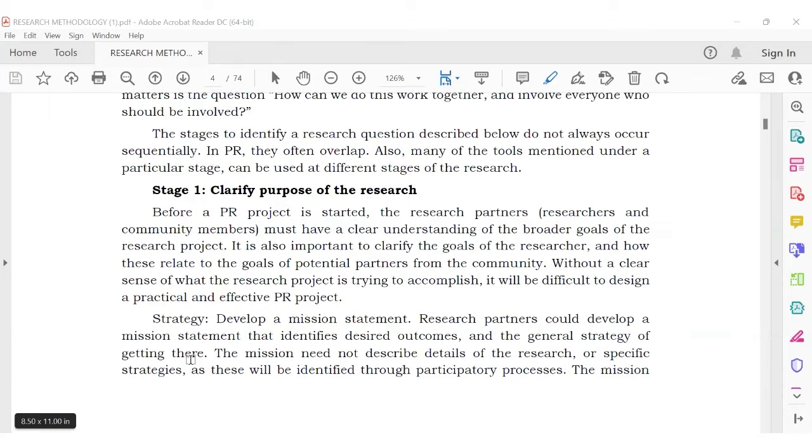Taking the example of the polio eradication program in India, this is a very good program. Eradication of polio could not be done in a day or two, so we have been striving for this for quite a number of years.